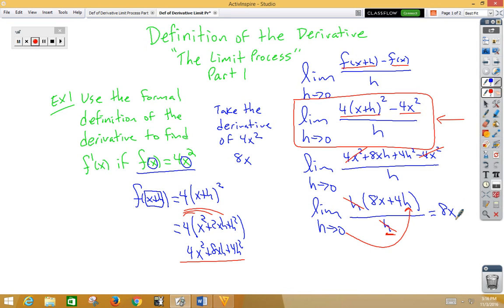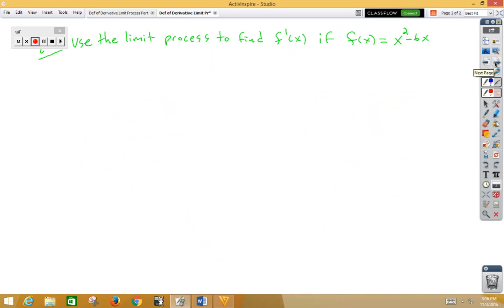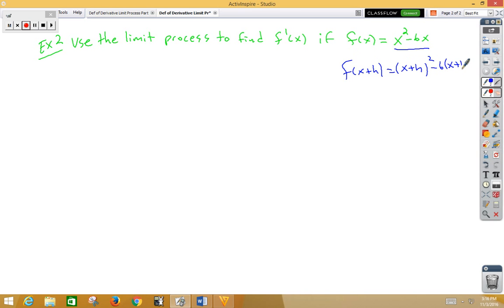Let's do one more. So this problem is a binomial instead of a monomial, so that's going to create a little more challenge for us. So let's start off by finding f of x plus h. So f of x plus h is x plus h squared minus 6 times x plus h. Remember from algebra, anytime I see an x, I'm going to replace that with x plus h.